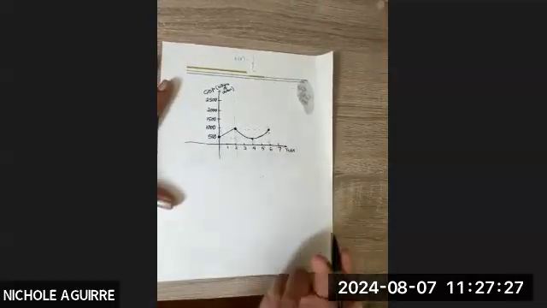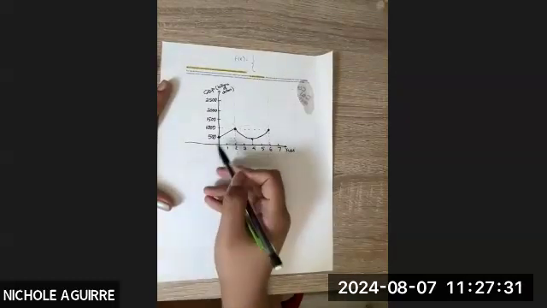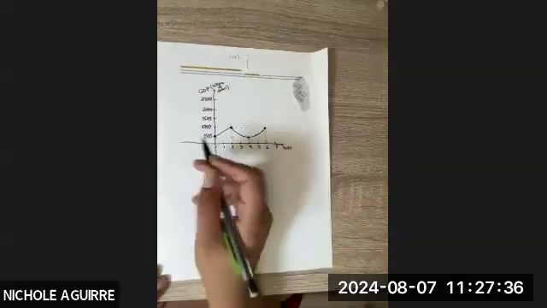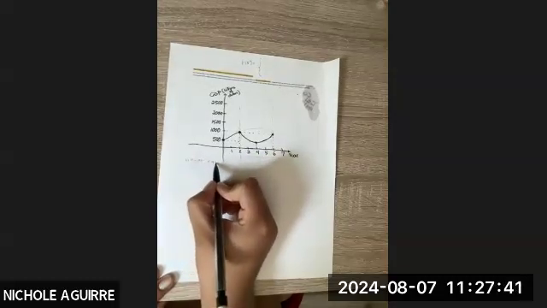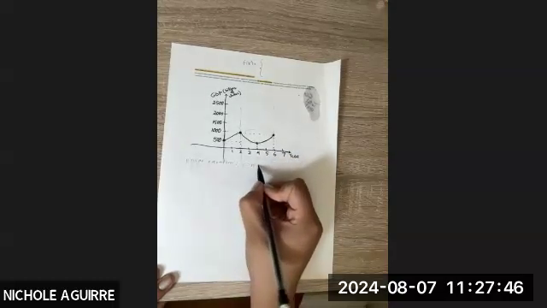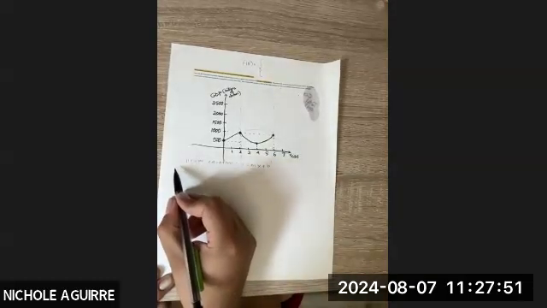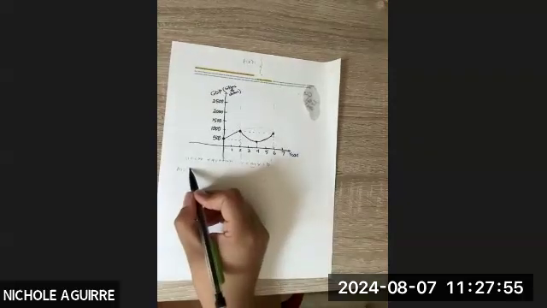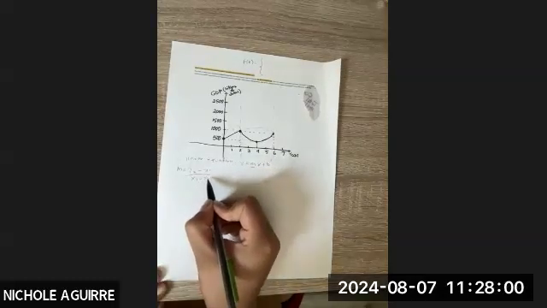The first thing we would do to find the linear equation is recognize that since it's increasing, the slope of the equation will be positive. When we're trying to find a linear equation, we use the format y equals mx plus b. To find the slope, we use slope equals y2 minus y1 over x2 minus x1.